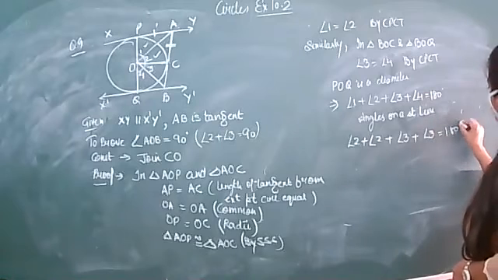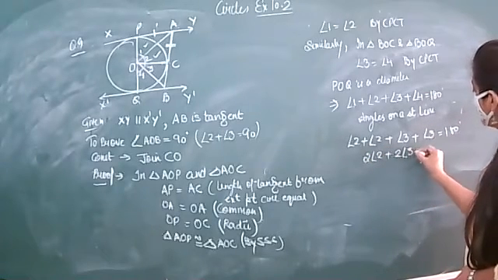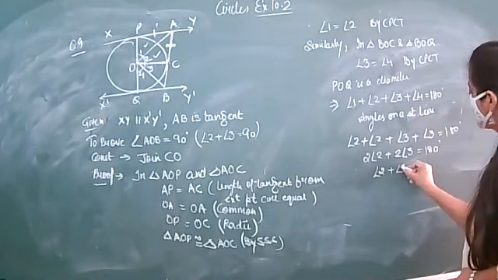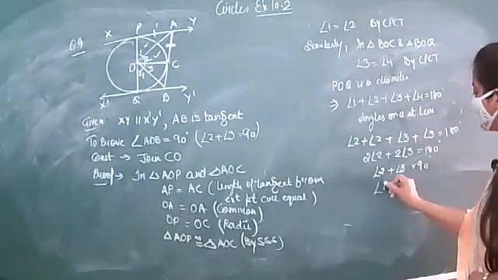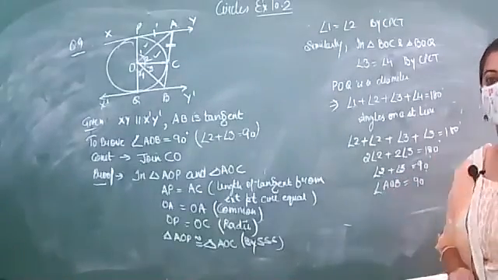That is equal to 180. So this gives twice angle 2 plus twice angle 3 is equal to 180. Angle 2 plus angle 3 is equal to 90. In this manner, I have got angle AOB as 90 degrees, which is exactly what we wanted to show.